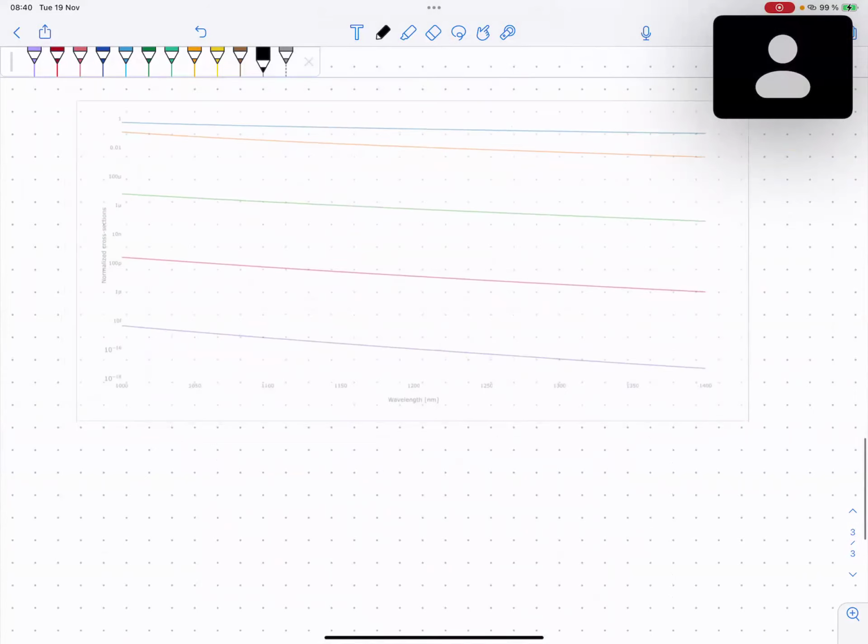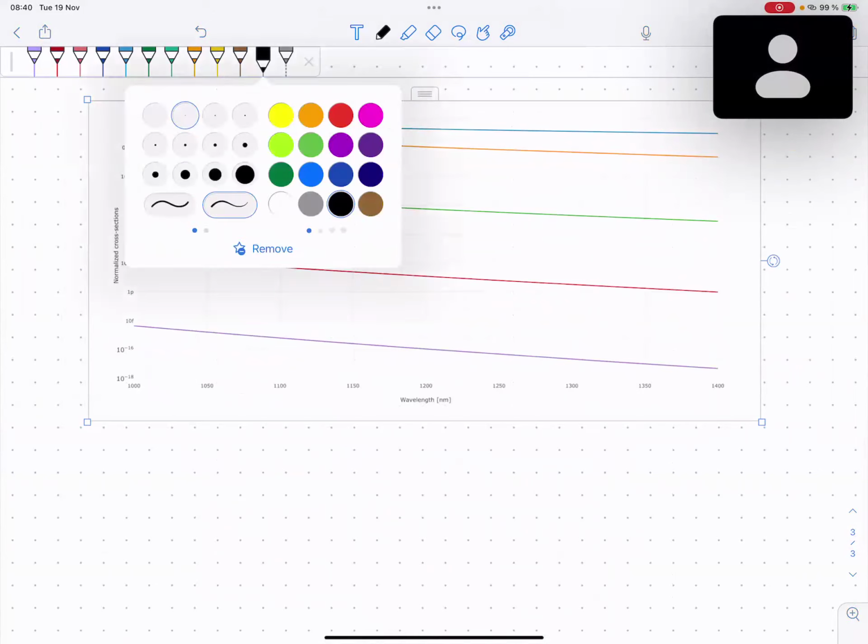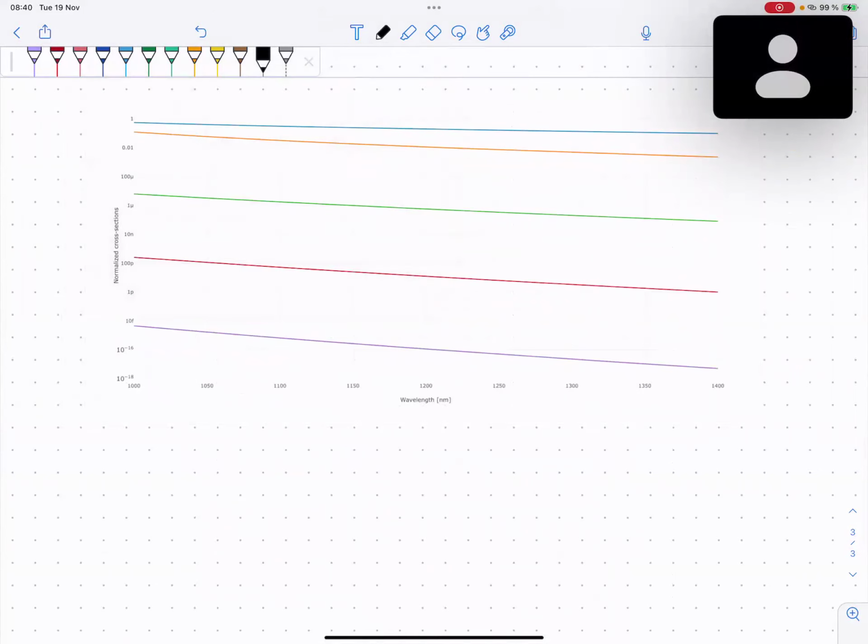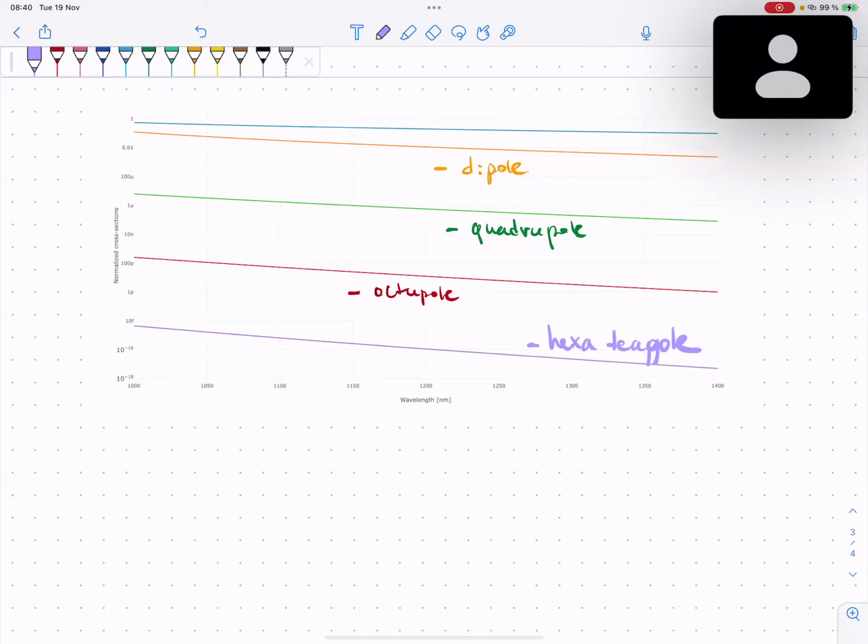So here I plot the scattering cross section. This orange is the dipole, the green is the quadrupole, the red is the octupole, and the pink is the hexadecapole, if I remember correctly.